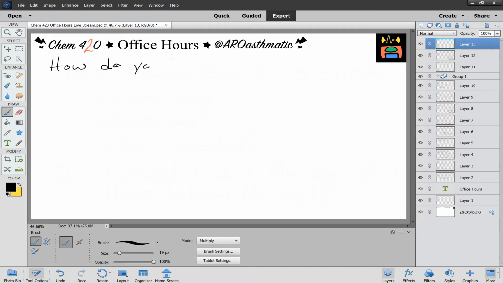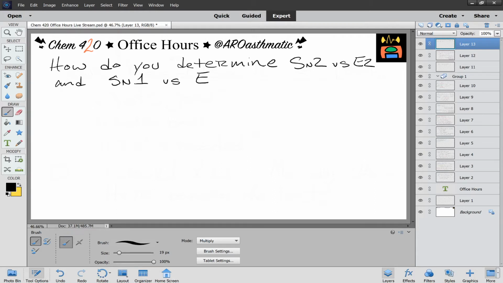How do you determine Sn2 versus E2, and Sn1 versus E1? All right. How can you figure out which mechanism is going to happen?